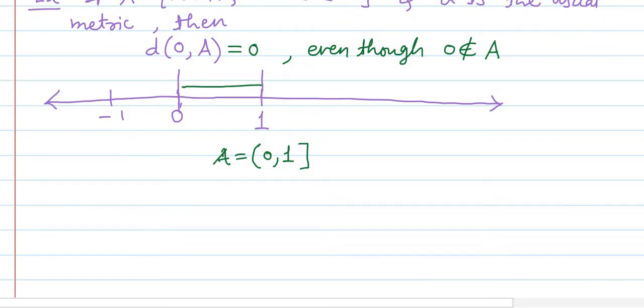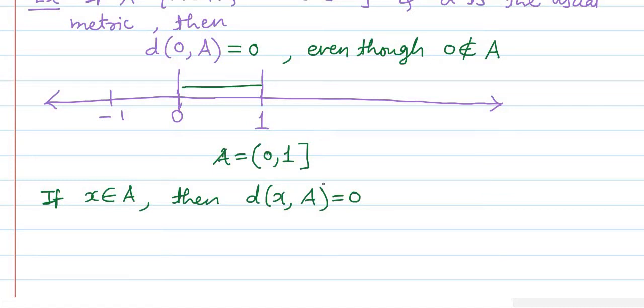From this it is also clear that if x is a point of the set A, then the distance of x from set A is equal to 0.